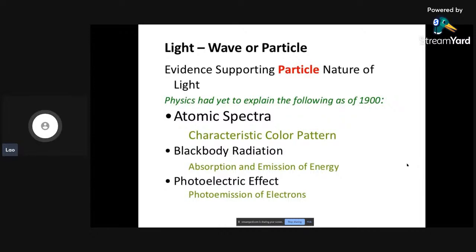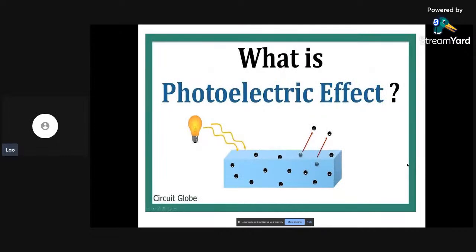So, but now I am going to discuss more about the photoelectric effect, which is the photoemission of electrons. So the question here is, what is the photoelectric effect?